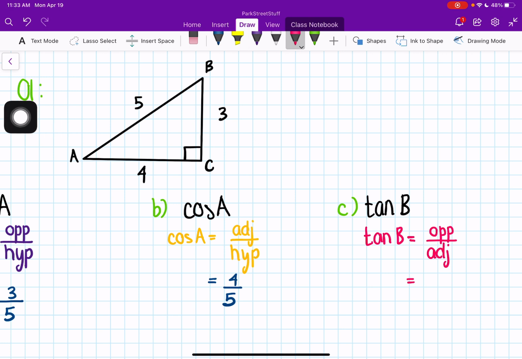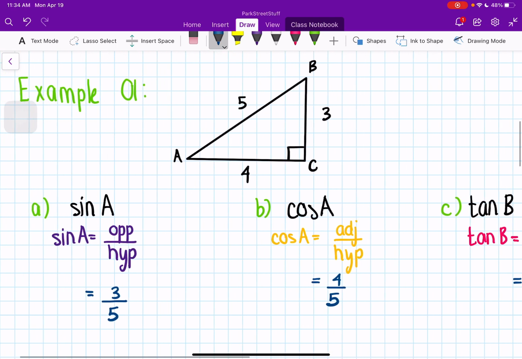So we have tan of B is 4 over 3. And remember, we're not going to work that out into a decimal. We also don't use mixed numbers. We keep it just like that as an improper fraction.